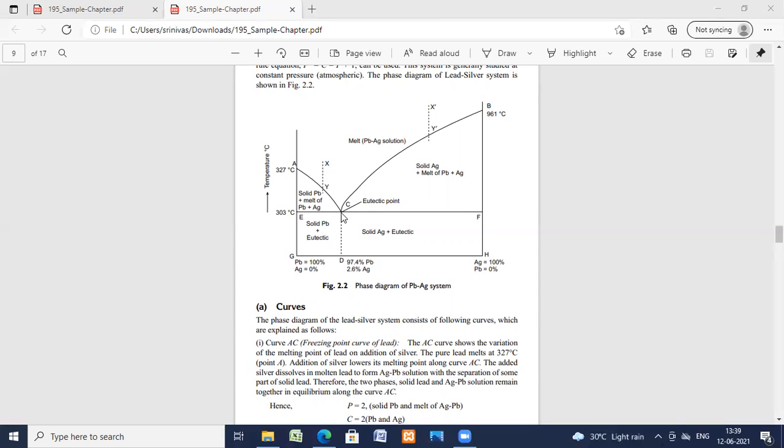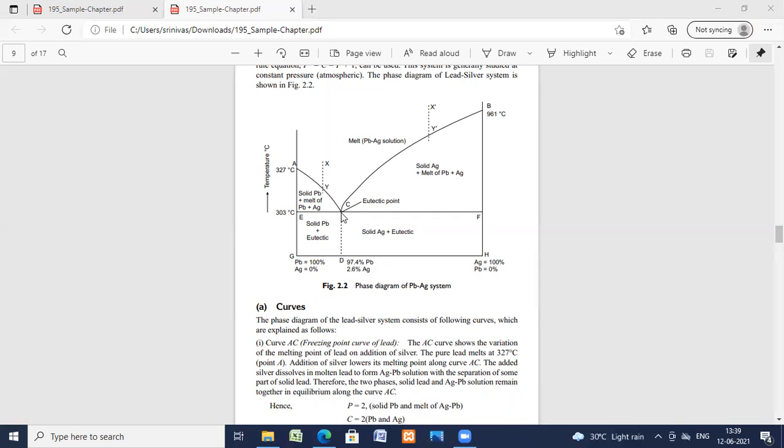Now we'll see the eutectic mixture. A liquid mixture of two components which has the lowest freezing point compared to all liquid mixtures of the same components. So the liquid mixture that exists at its eutectic point is called the eutectic mixture.